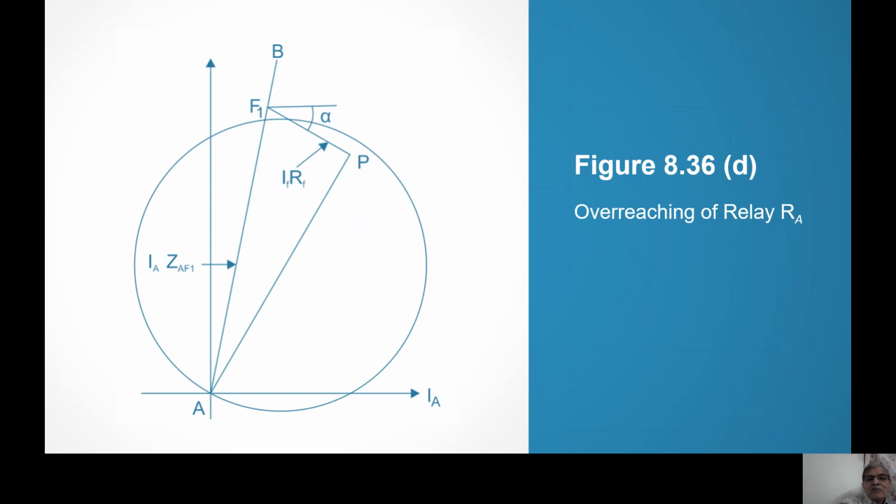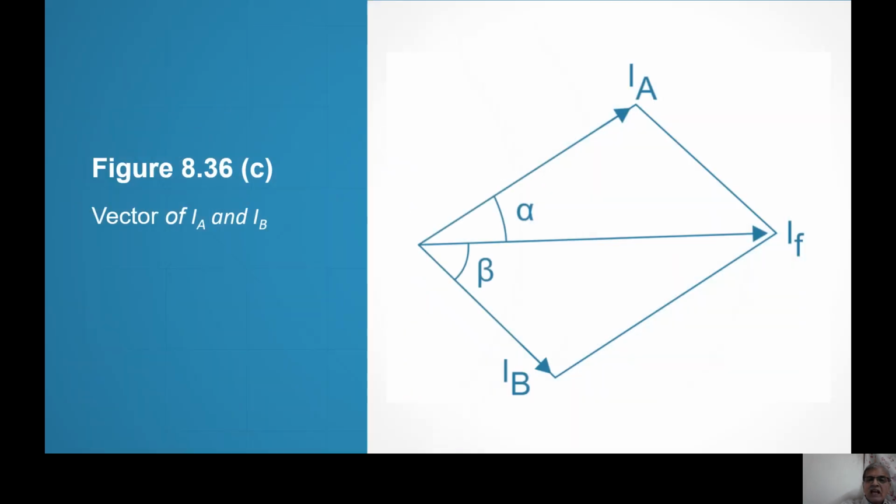But what happens? To ZAF1, that is the impedance from A to F1, the fault impedance is added, which is IF-RF. And unfortunately, IF is not in phase with IA. It is lagging by angle alpha, as we have already discussed. I will show you.